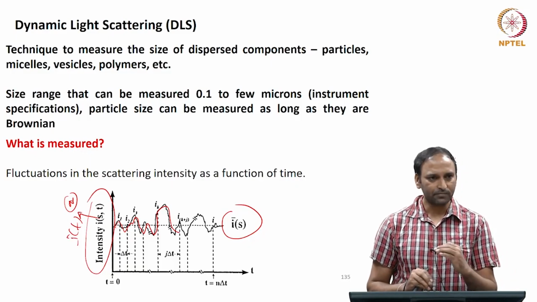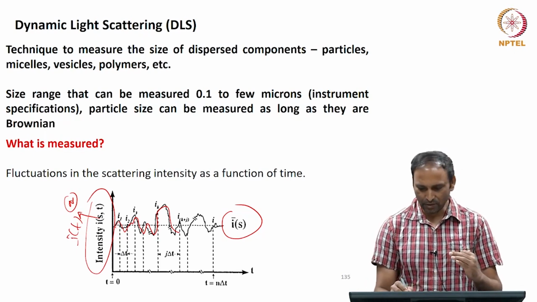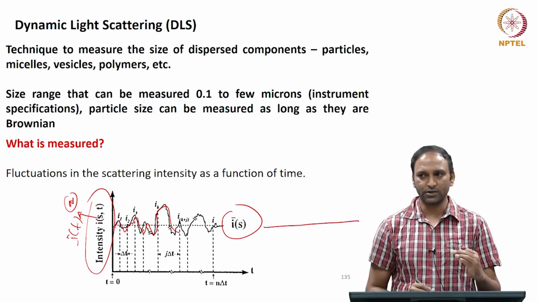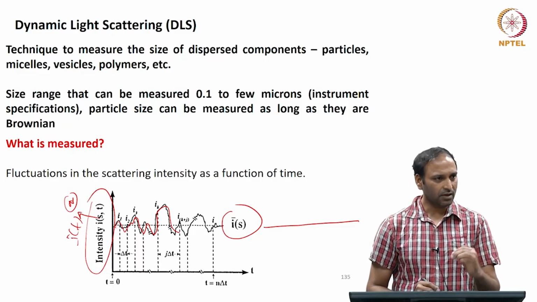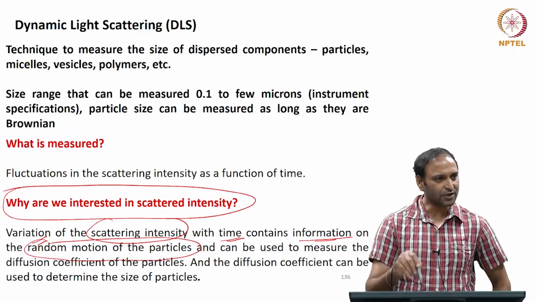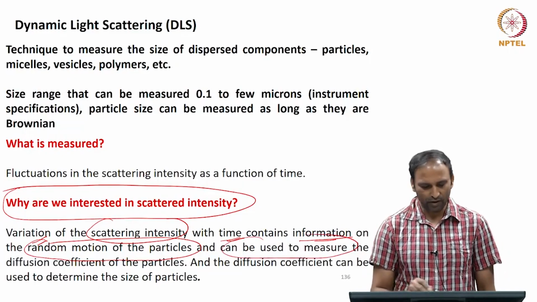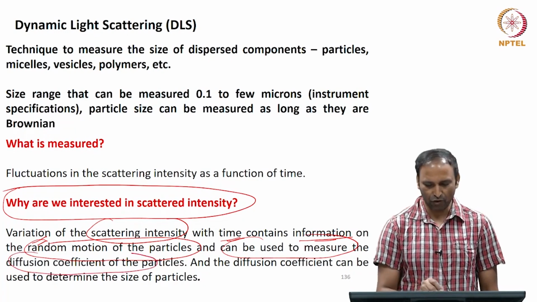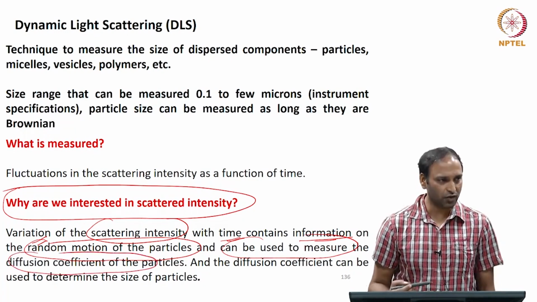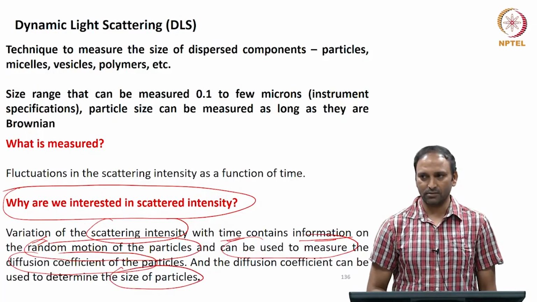If you somehow fix them in space, then your intensity is going to be constant. But the fact that the particles are continuously moving around is what gives rise to this fluctuation in the intensity. This can be used for measuring the diffusion coefficient, and once the diffusion coefficient is known, I can get the size of the particle.